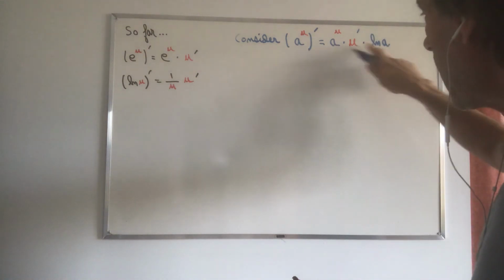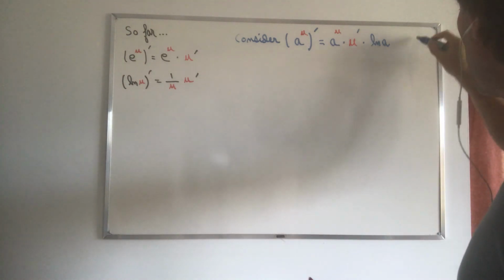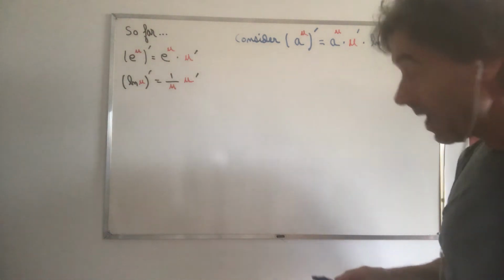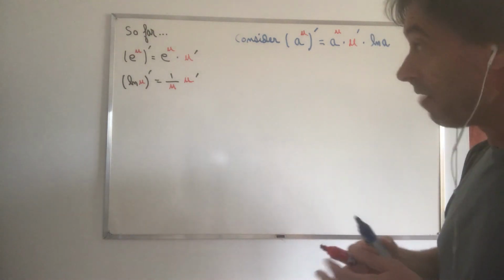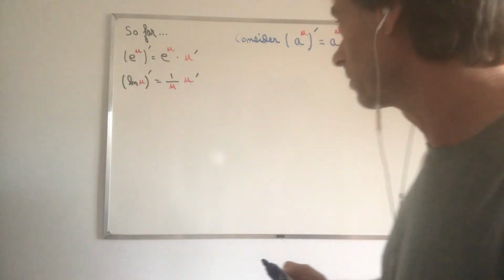And that is the ln of 2. Now keep in mind that this is good only when a is positive. And to top it all off, this actually is exciting because it's the last rule of derivatives for the course. Yay.